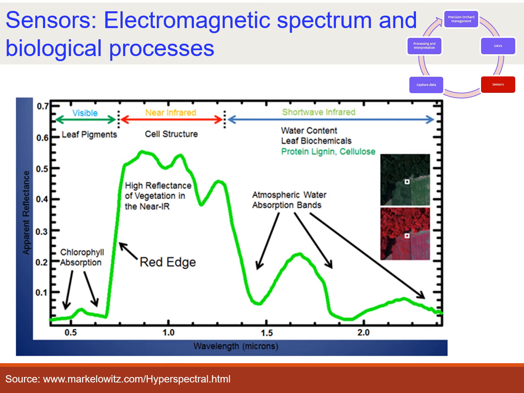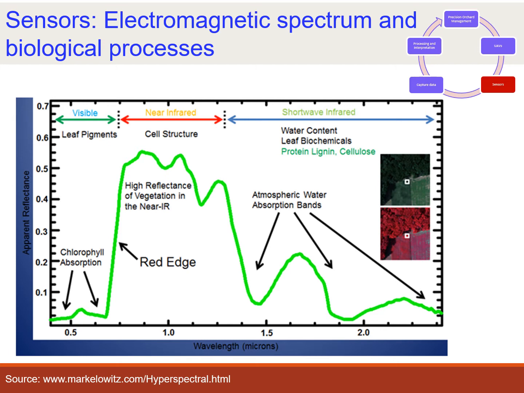The principle behind sensor-based detection of diseases is the relationship between the electromagnetic spectrum and biological processes. In this graph, you can see the relationship between the wavelength and different biological processes.